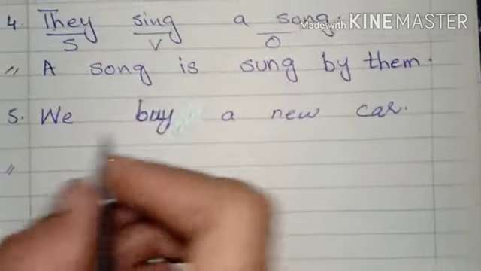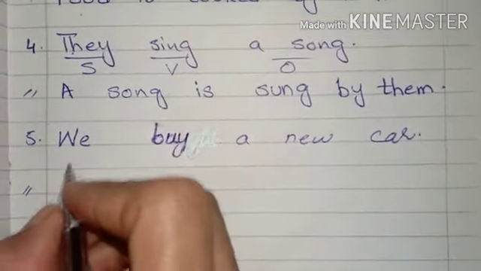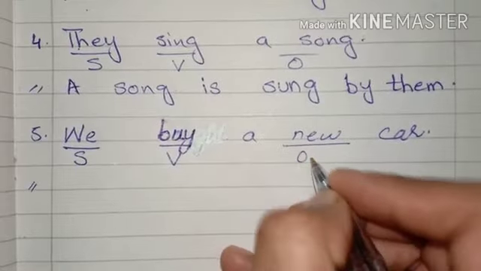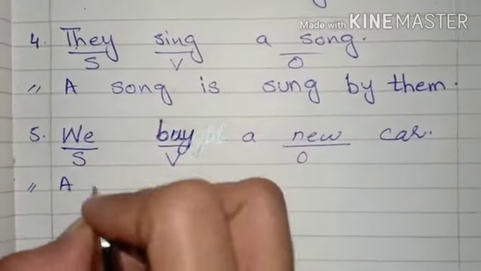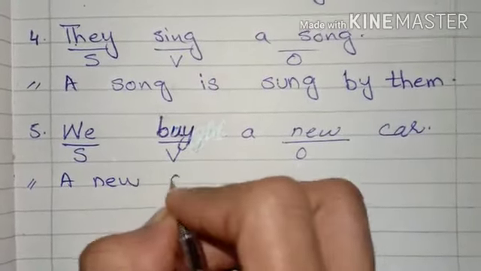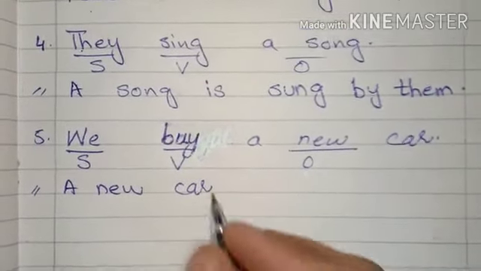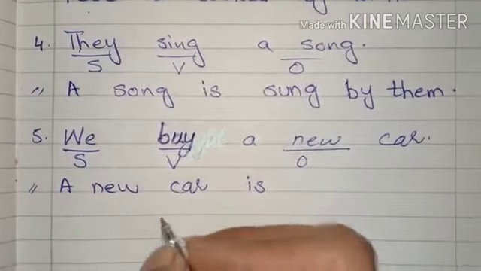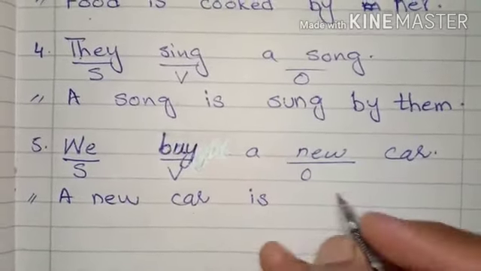Last one is we buy a new car. We is subject, buy is verb, a new car is object. A new car becomes subject. Helping verb according to the subject or tense, is.